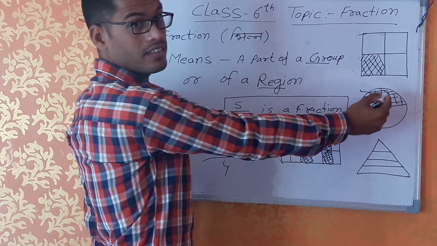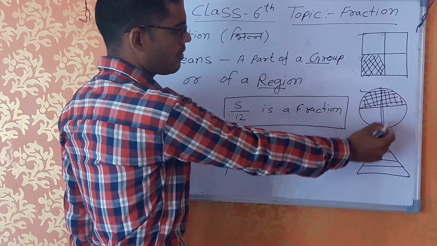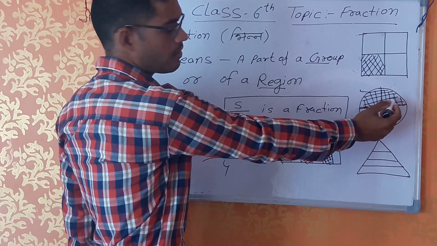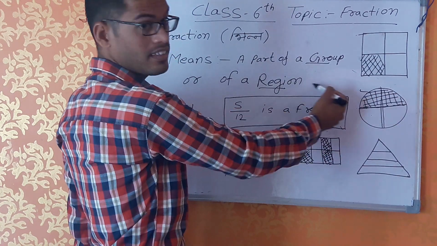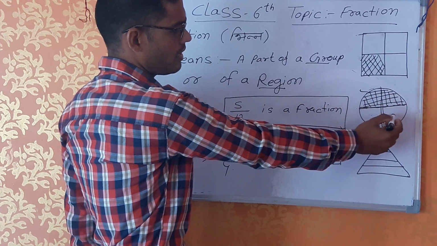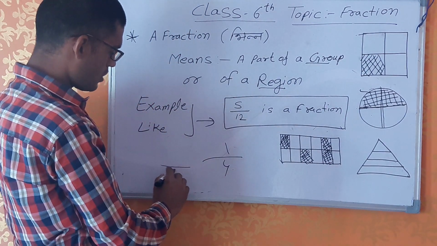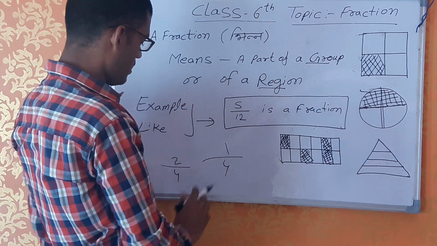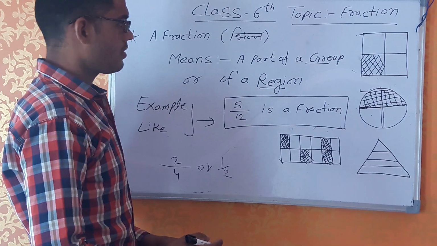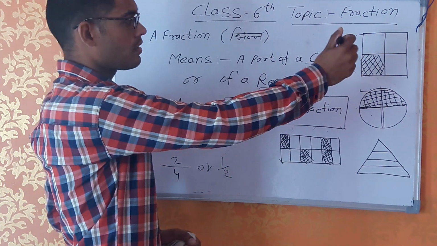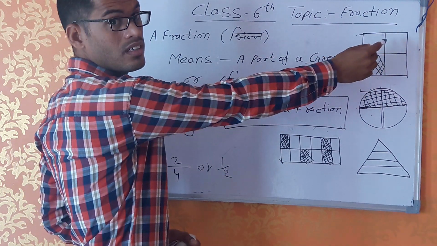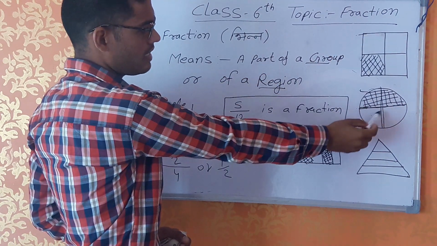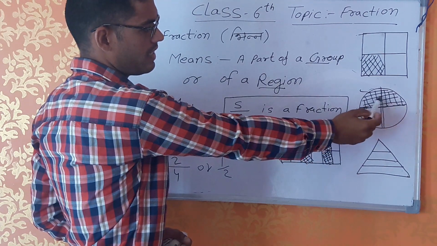Second is a circle. The circle has 4 equal parts, 1 2 3 4. The 2 parts are the shaded area, the shaded region, and all parts total 4 boxes, 1 2 3 4. The total boxes are 4 and the shaded area is 2. This picture has equal boxes, the circle is divided into equal parts.